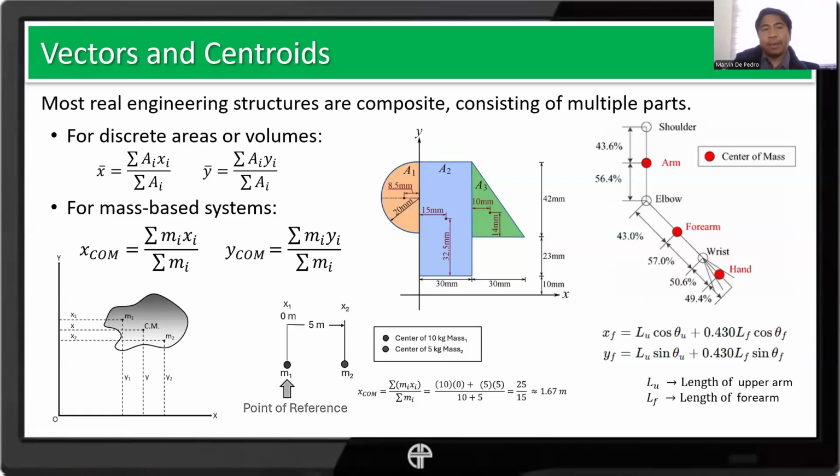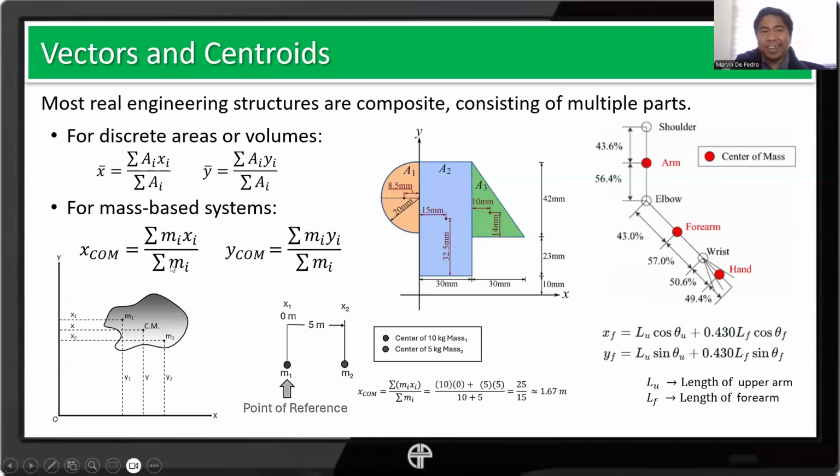But if we are dealing with COMs, assuming the centroid is not equal to the center of mass, then we are dealing with mass-based systems. That's why instead of the area or the volume, we now consider the mass. Same formula actually.